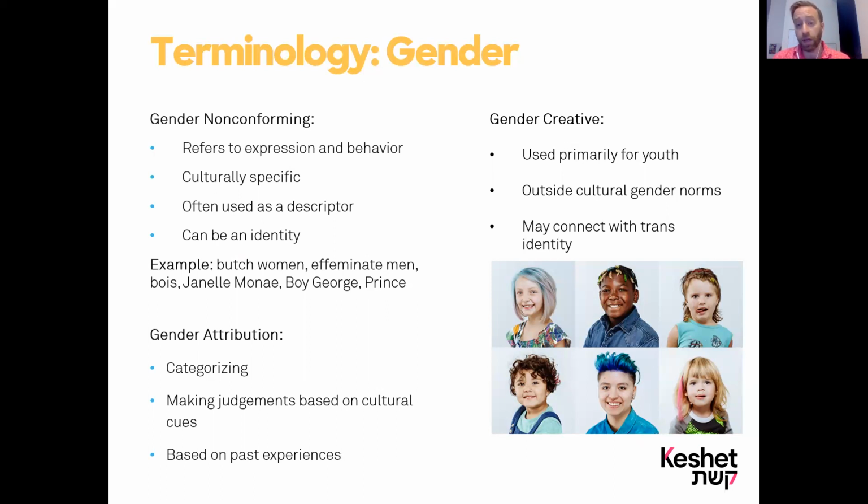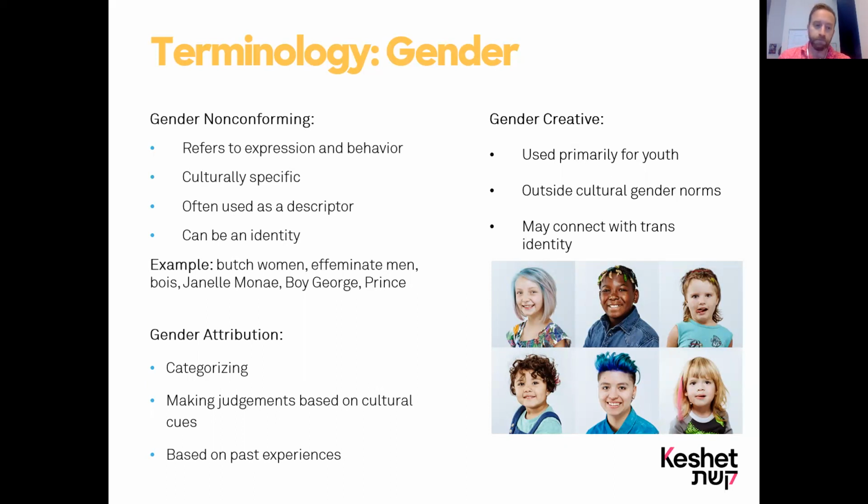So it may end up connecting with a trans identity later on in their childhood. They might understand themselves to be trans. And for other young children who are gender creative, that might not be the case. Any outcome is possible and should be affirmed, but it shouldn't be an assumed one-to-one correlation that, oh, this child is gender creative, and so therefore they're going to understand themselves to be trans and know themselves to be trans.